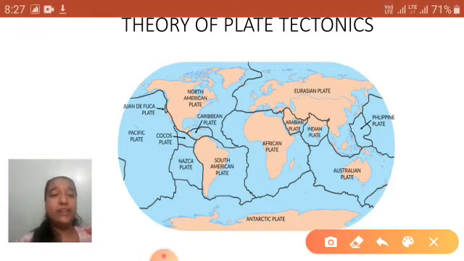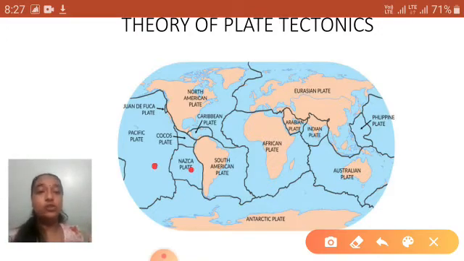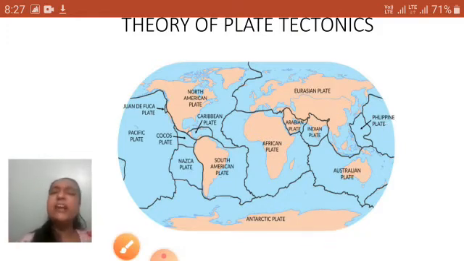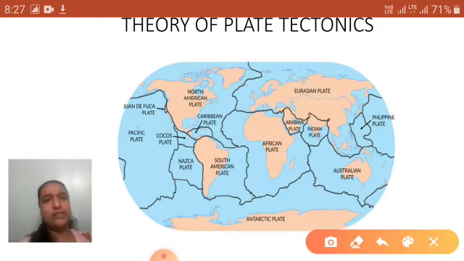You can see the 7 major plates here: 1, 2, 3, 4, 5, 6 and 7. There were 7 major plates and some minor plates, as you can see over here, right?